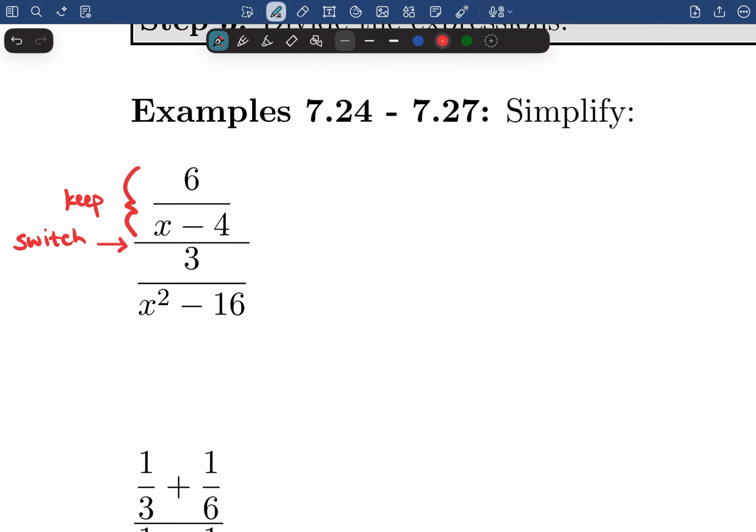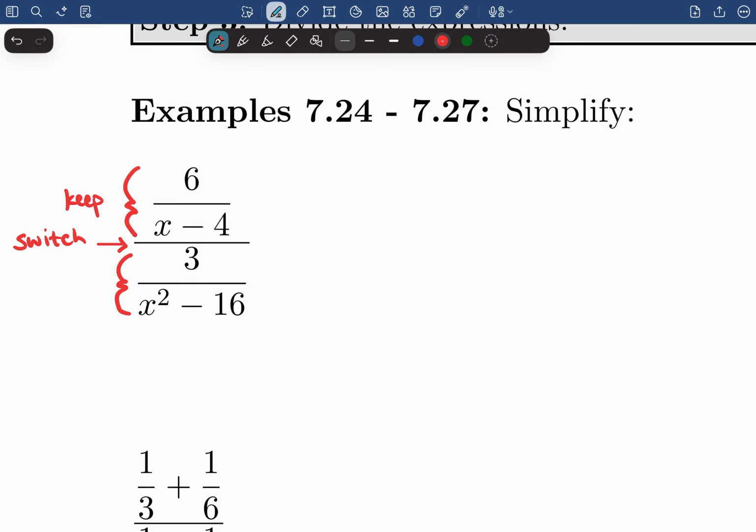And then the bottom fraction, we're going to flip it, meaning we'll take its reciprocal. And so this division problem, this is a division of two rational expressions, it's going to become a multiplication problem. So I will rewrite it as 6 divided by x minus 4.